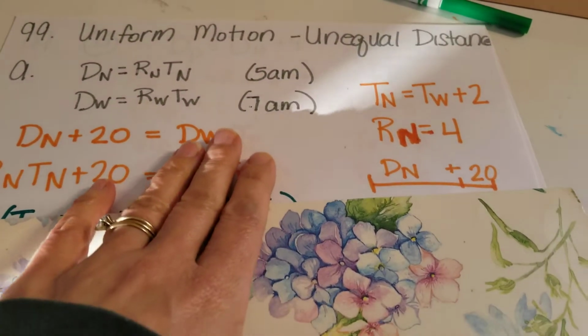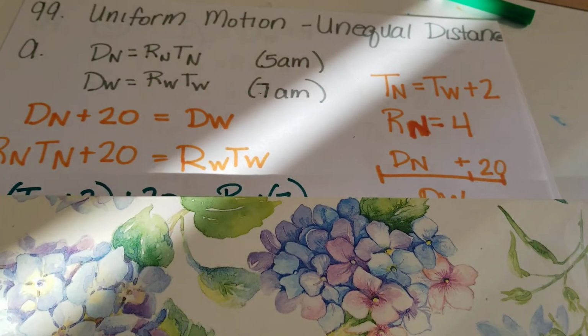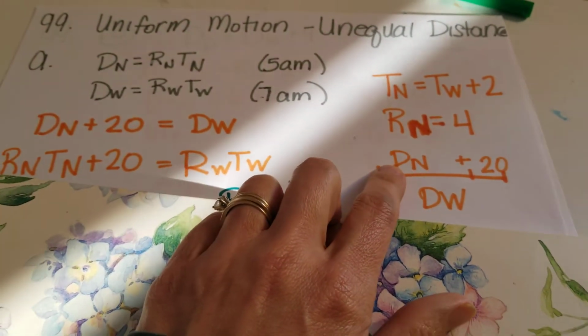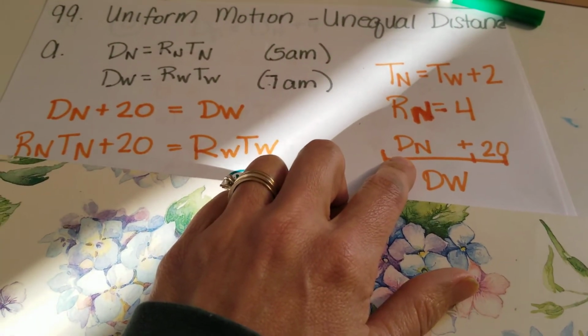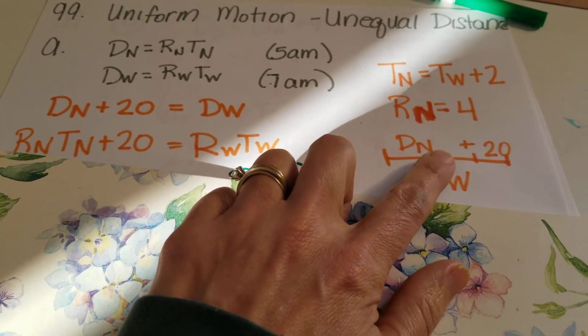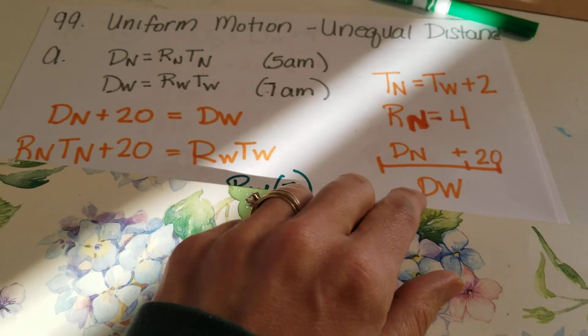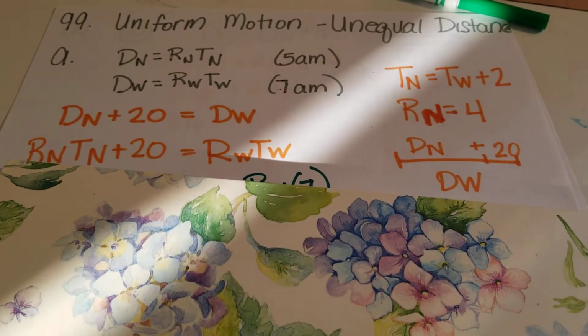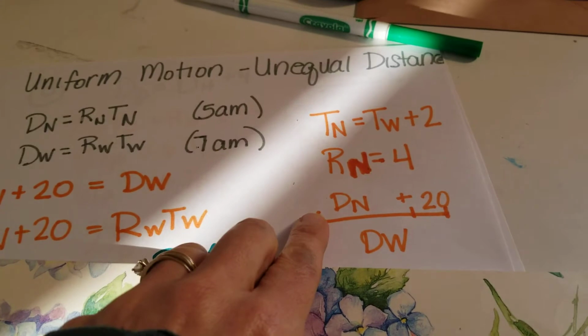Let's see what else I wrote here. In orange, I just drew a little picture down here. The distance of Napoleon plus 20 is equal to the distance of Wellington, because remember, Wellington passed up Napoleon. They all started from one spot.